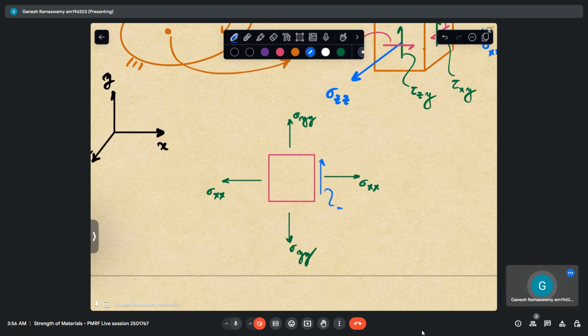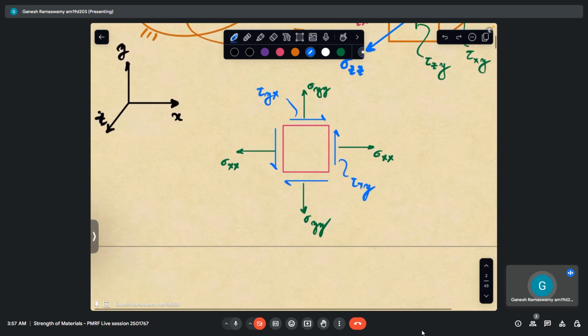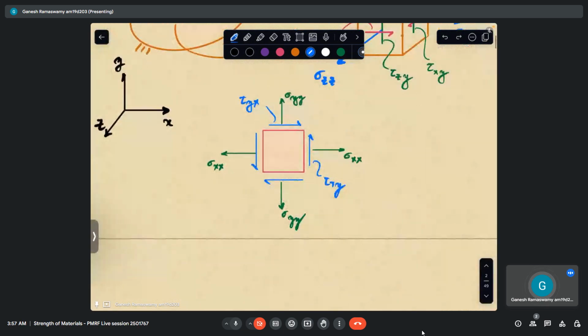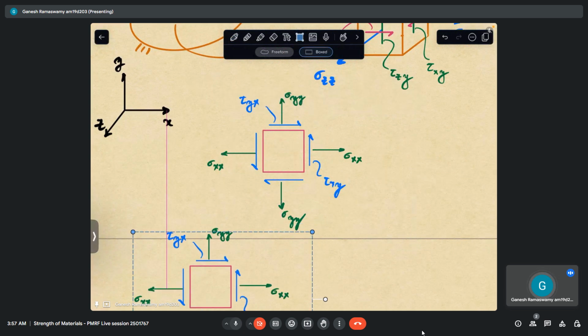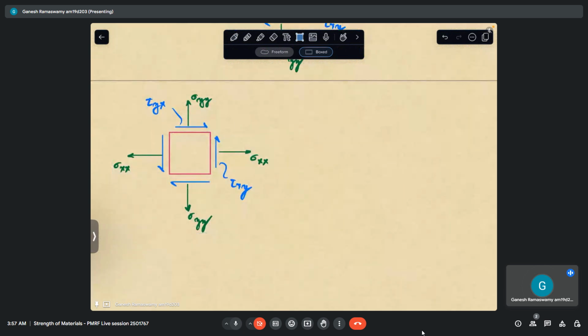This is tau xy. Similarly, I have this as tau yx, and so on. There is something interesting about this. I'll make a copy of this and take it here. Let me remove the normal stresses for now.